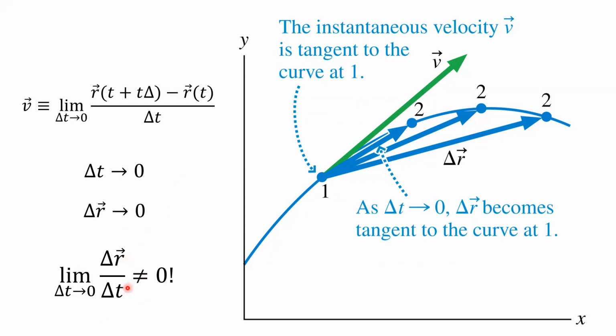Well, if you approach it from one side or the other, if you zero in, so to speak, on that ratio, you can often find that it approaches a limit. It's some actual value. In this case, it's a vector value. But again, just because the numerator goes to 0 and the denominator goes to 0 does not mean that the ratio of the two is 0. In this class, almost everything we look at, that ratio approaches some definite quantity. That's the quantity that we call the derivative. In this case, the derivative of position with respect to time.